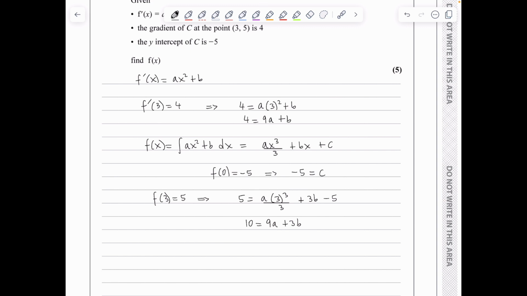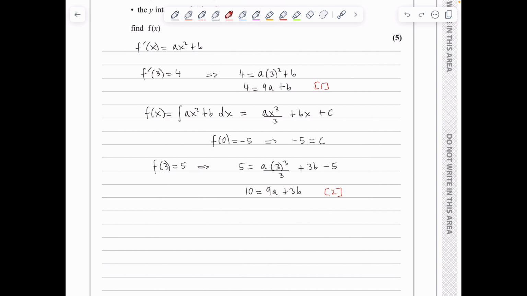I will label them as 1 here and 2, the equation we just arrived at, and I can see that I can subtract one from the other. So if I do 2 minus 1, we have that 10 minus 4 is 6, and the 9a with the 9a will cancel out, and the 3b minus b will give me 2b. So 6 is 2b, which means that 3 is equal to b, and I can go back maybe to the first one to substitute b is 3 and find the value of a.